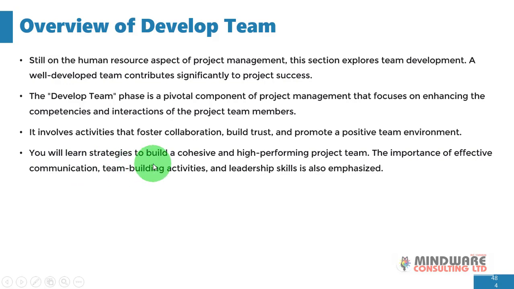So here you're going to learn strategies to build a cohesive and high performance project team, which is very important. Team cohesion, very important. Everybody being on the same page, having the same perspective. It doesn't mean that they must always agree on everything, but they just have to be on the same page.